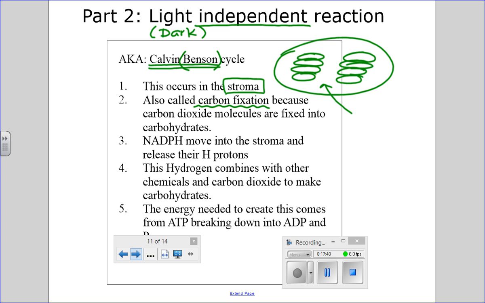So I mentioned already that this is the part where CO2, carbon dioxide, becomes a carbohydrate. And the word fixed doesn't mean like it was broken and I repaired it. It really means it was reacted somehow so that it could become this other type of molecule. So it's happening in the stroma, and the main idea is that CO2 enters this cycle and carbohydrates are what are produced.